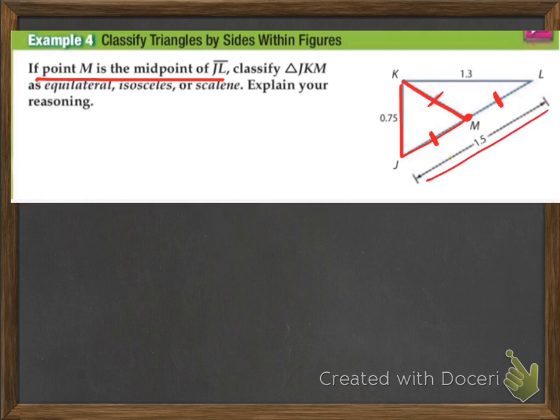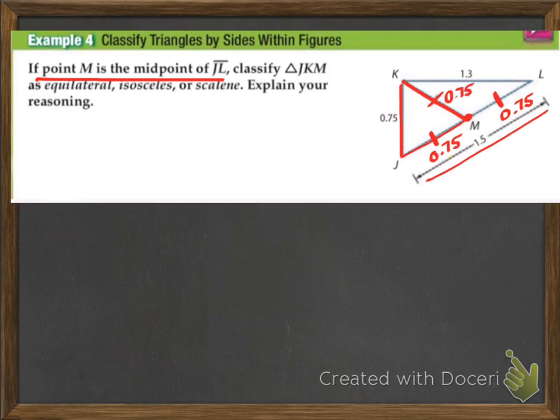Right? So now let's split this up. JL, it gives us the entire length is 1.5. If we split that in half evenly, we know JM is 0.75. ML, also 0.75. Okay. Since we have a tick mark up here for KM as well, it's got to be the same length. That's going to be 0.75. Right.